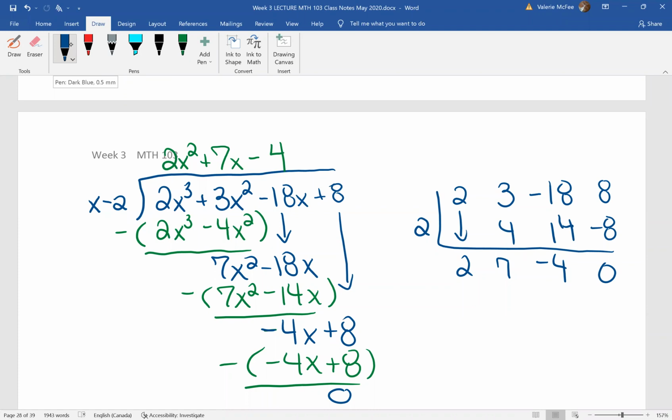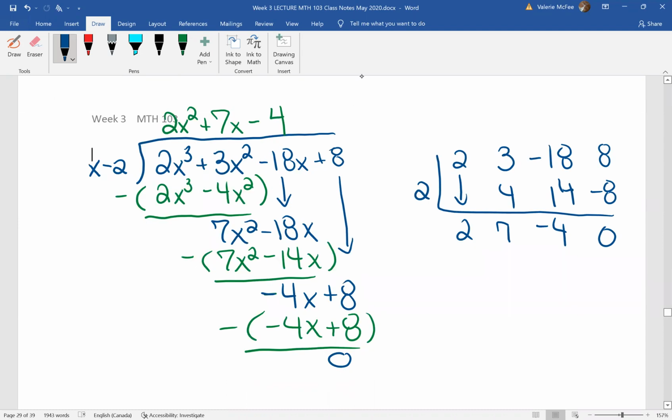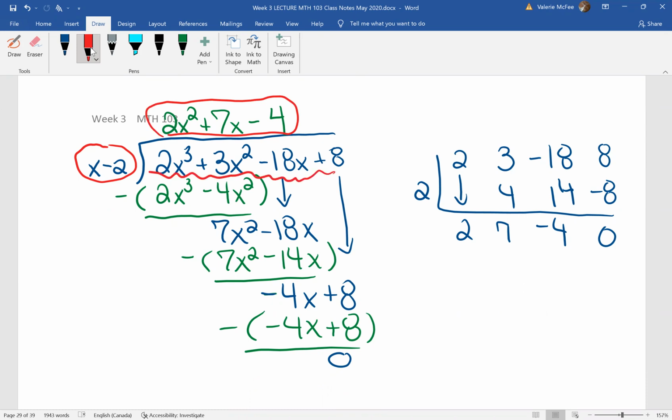Now, I did say you should use long division, so I have it here, but you could have used synthetic division as well. Both of them give you the same answer. You knew you had to have a remainder of 0 because we knew x minus 2 is already a factor. But now we've found another factor. So we can say that our function is equal to x minus 2 times 2x squared plus 7x minus 4.